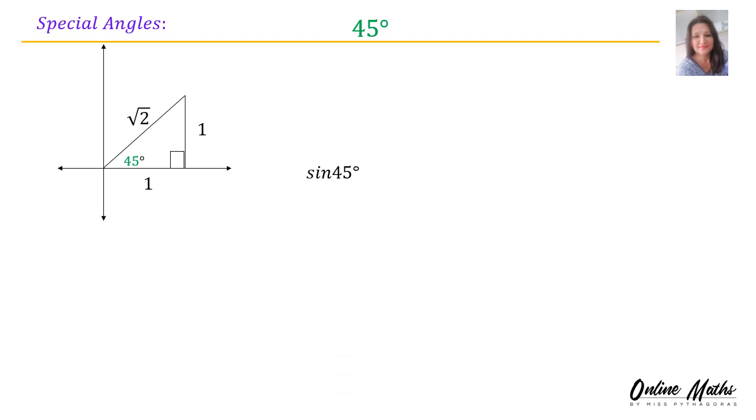Then we say sin 45 degrees. Sin's ratio is opposite over hypotenuse. So if you go to 45 degrees, then 1 is opposite, and the hypotenuse is root 2. Therefore, the value for sin 45 is 1 over root 2.